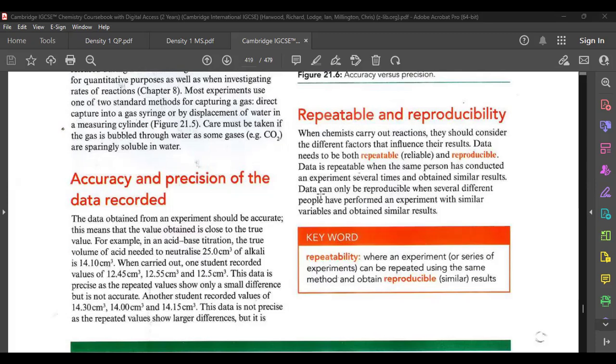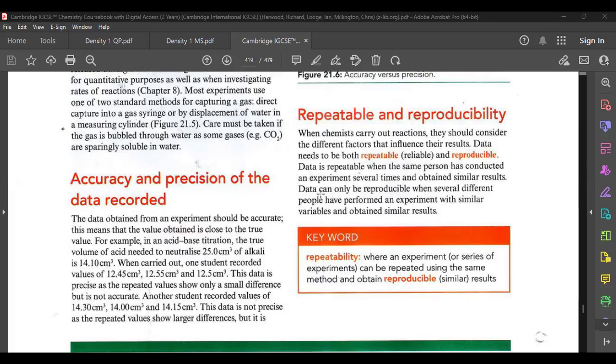When the same person conducts an experiment multiple times, like measuring the boiling point of a chemical compound, and gets the same results, then you say your data is reliable. It means repeatedly you are getting the same answer, using the same method as well. It is very necessary that you use the same method to get the same answer.